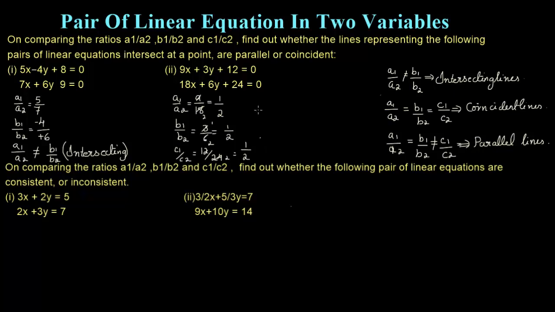As the ratios are equal, you can observe a1 by a2 is equals to b1 by b2 and that is equals to c1 by c2. So if all the ratios are equal, lines are coincident, right? Coincident lines. This is how you will get to know whether the lines are intersecting, parallel or coincident.